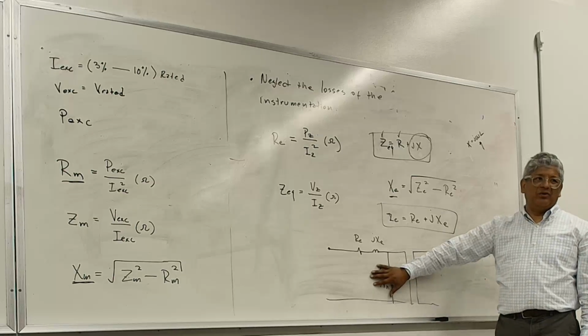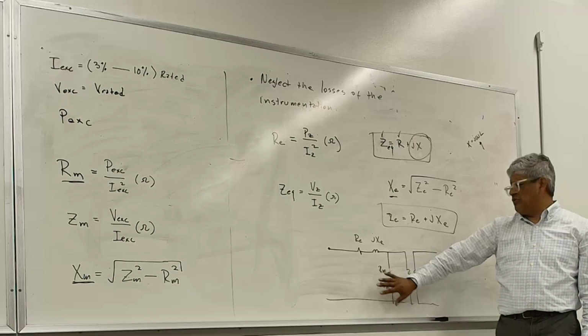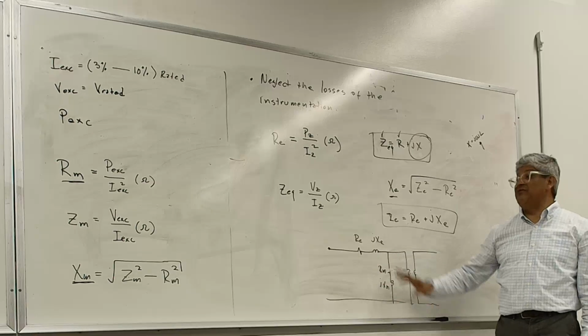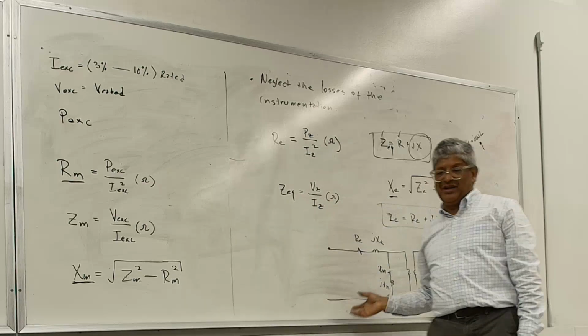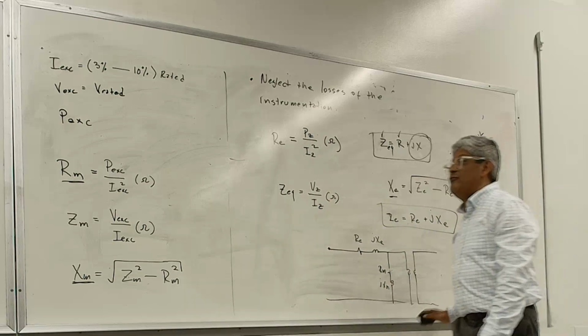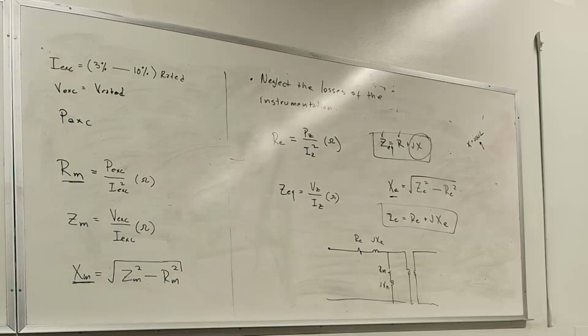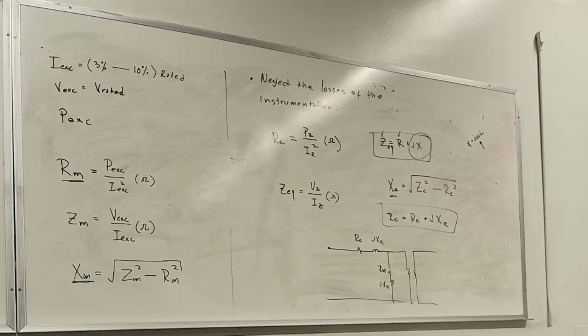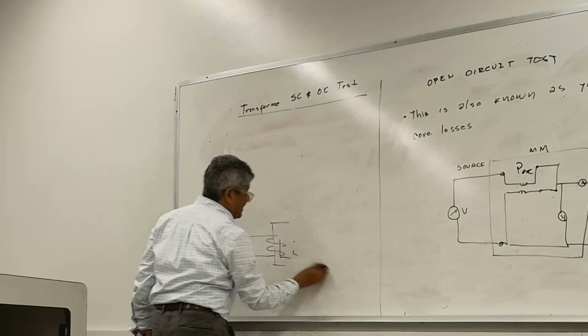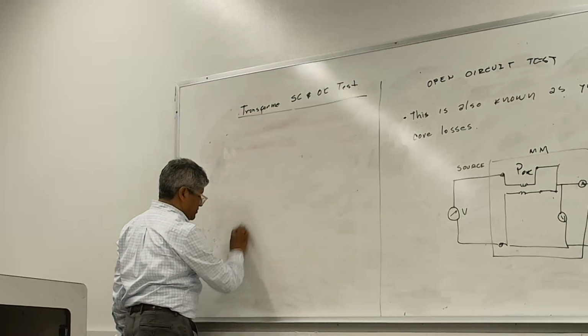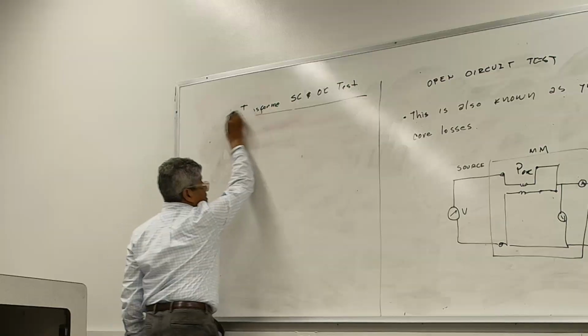And the problems even on the homework, I think, and on the test, I won't ask you for the magnetizing branch. If I give you a problem and give you values, then you have to come up with it. But what I'm saying is, for steady state analysis, that's not required. You can ignore or neglect the excitation branch.